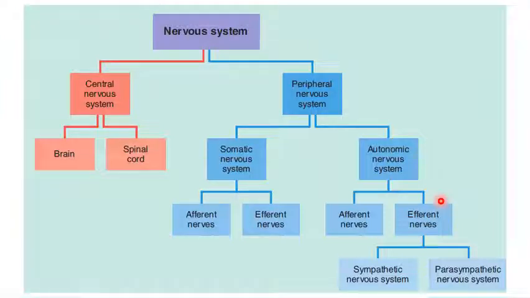So in the somatic nervous system, the afferent nerves carry information or carry nerve impulses coming from the five senses towards the central nervous system or approaching the brain. And the efferent nerves are carrying nerve impulses from the brain.